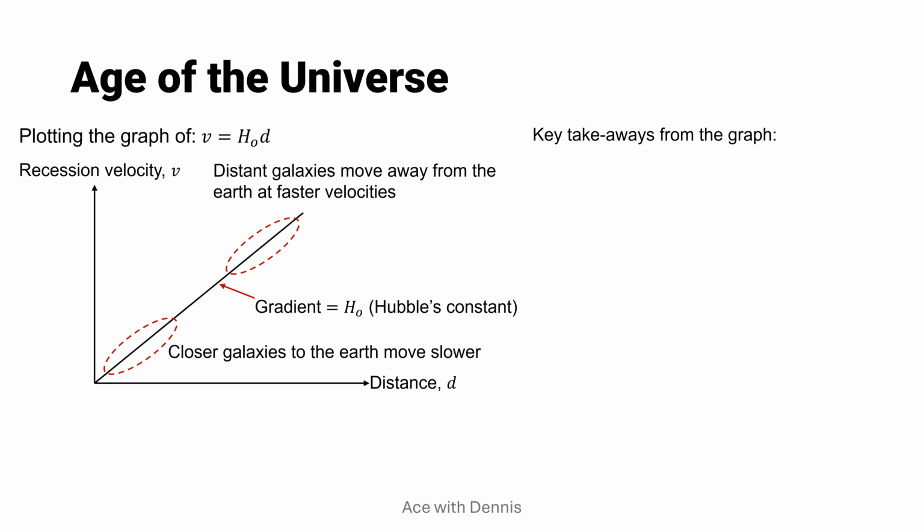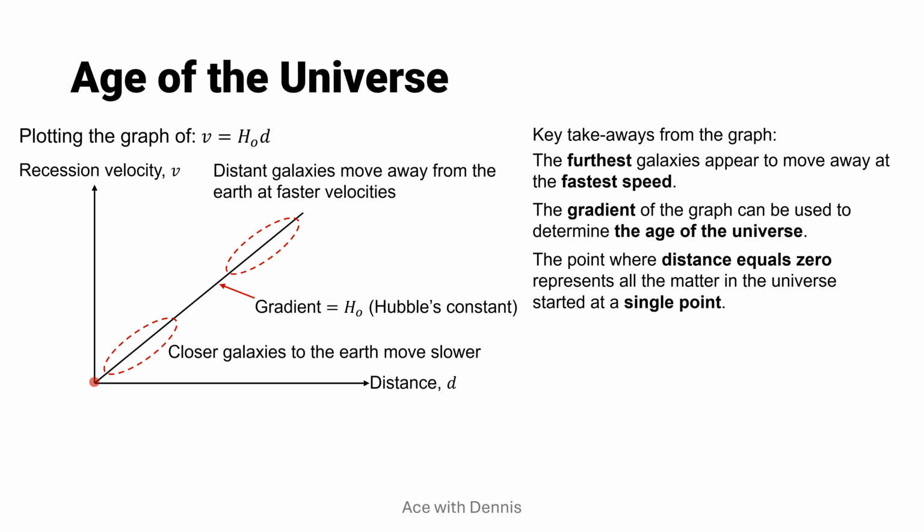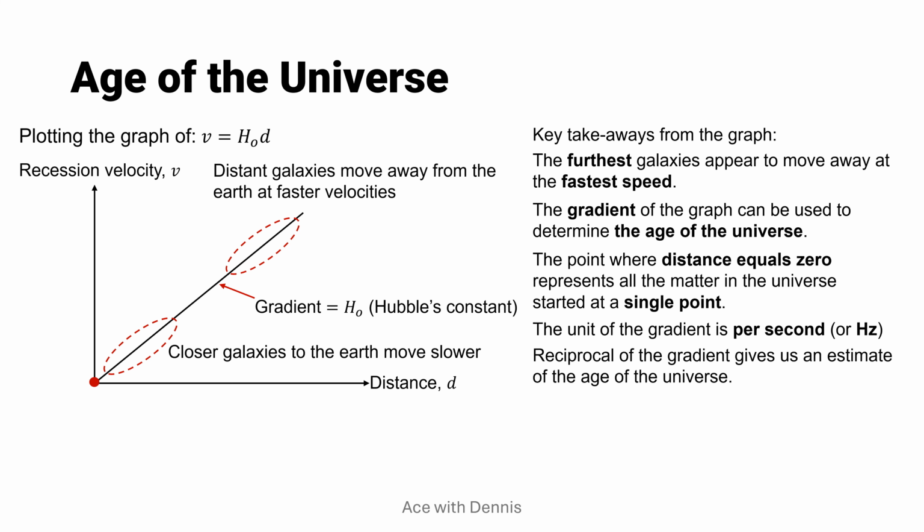The key takeaways from the graph are: the furthest galaxies appear to move away at the fastest speed. The gradient of the graph can be used to determine the age of the universe. The point where distance equals 0 represents all the matter in the universe started at a single point. The unit of gradient is per second, or hertz. Reciprocal of the gradient gives us an estimate of the age of the universe.